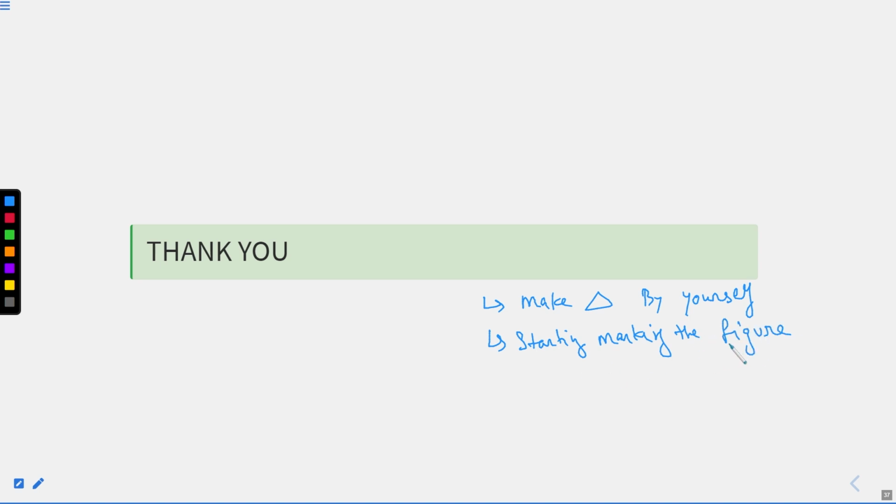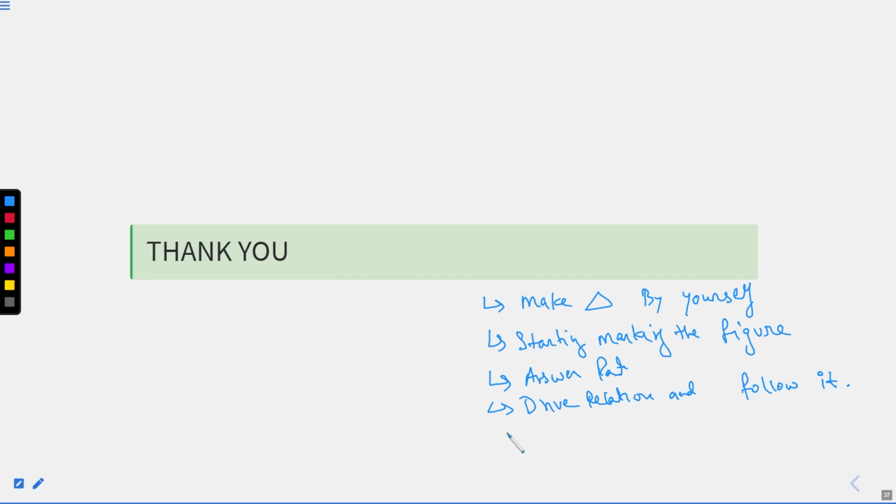After making the figure itself, what you can do? As soon as you have made the figure, right? You can check the answer part. Check the answer part. Okay? Derive the relation and follow it. What you are supposed to do? You are supposed to derive the relation and follow the same.